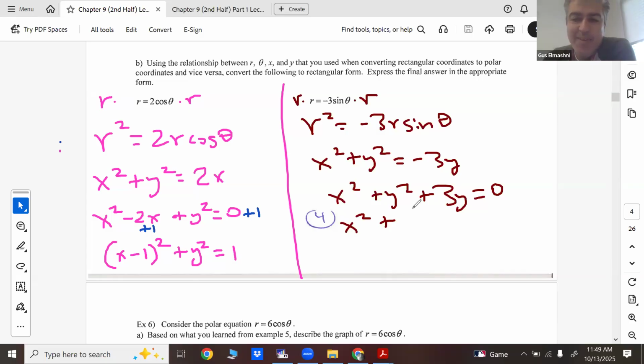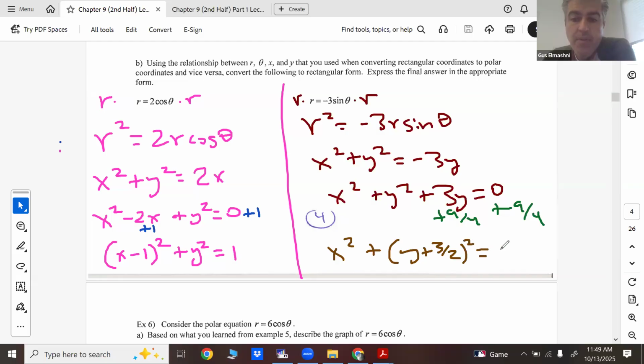It's not a fun one, but it's all right, we'll do it. Actually, yes. Take half and square. You're going to add 9/4. Very good. So you should get x squared plus (y plus 3/2) squared equals 9/4. So the center is at (0, -3/2). The r squared is 9/4, which would be square root, that would be 3/2 still.